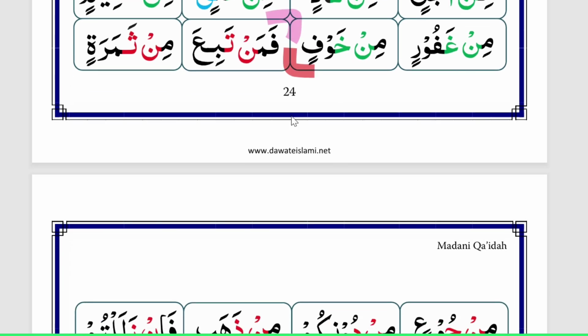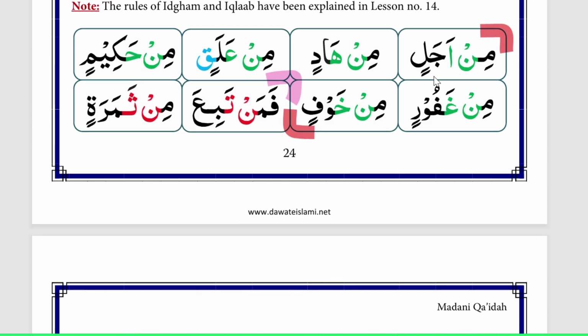For example, if I read the word faman tabi'a, I'm doing gunna while pronouncing this noon sakina. But if I read the word min ajalin, I'm not doing gunna while pronouncing this noon sakina. I'm not doing gunna in this word, but I'm doing gunna in the other word, because this word is an example of izhar and that word is an example of ikhfa.